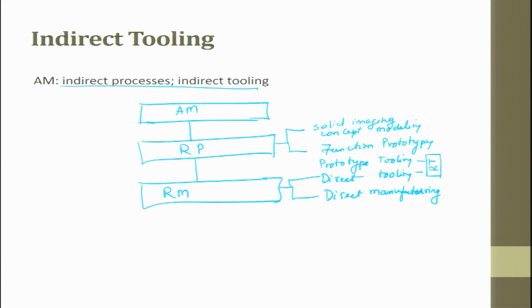So, from here, let me put a star here, and this star represents indirect prototyping, and the other one, an offshoot of this, we will have indirect tooling.